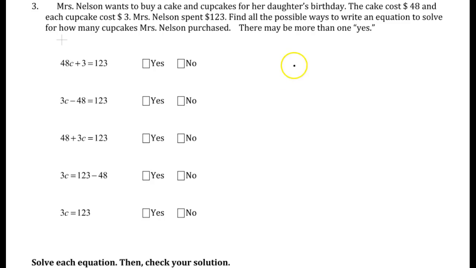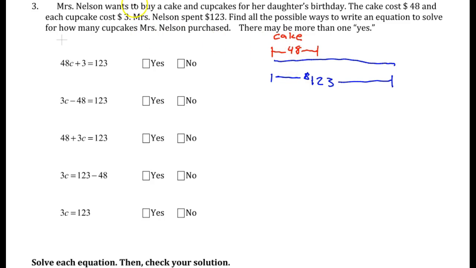Alright, so let's just write this out. We know in total we spent $123. So let's say this is $0, and then this whole thing will represent $123 from here all the way to here. We know that $48 of that consists of just buying the cake.